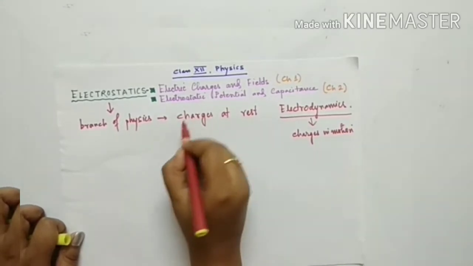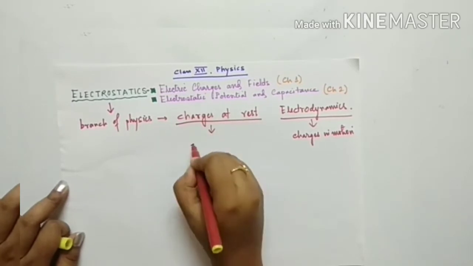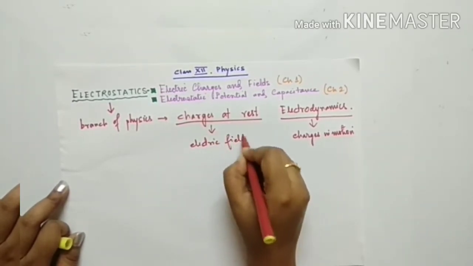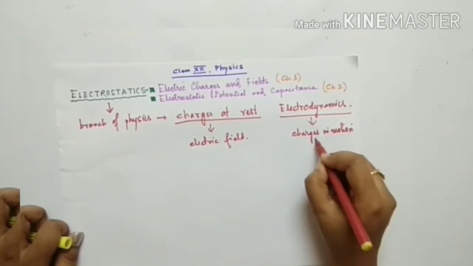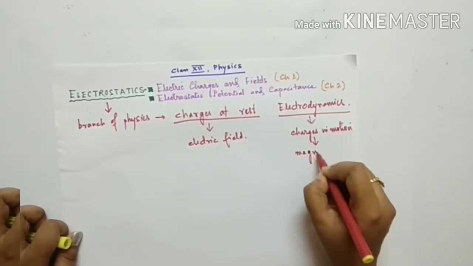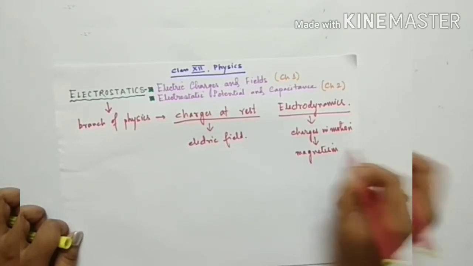Now, charges at rest give rise to electric field, and charges in motion mainly give rise to magnetism, or give rise to magnetic field.